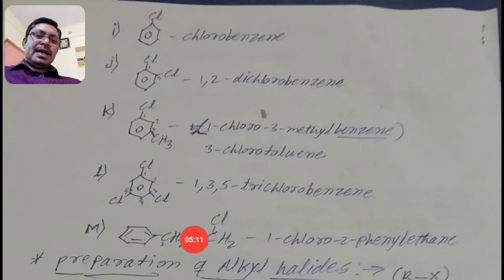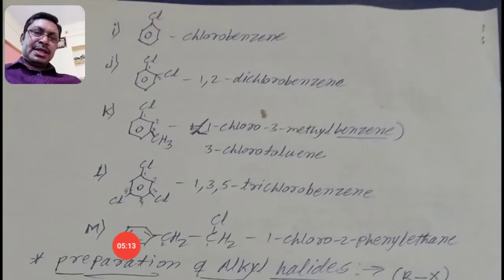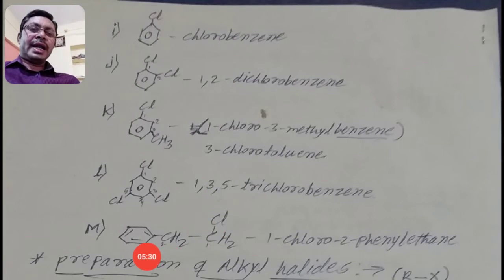There is one another example which contains a benzene ring, but it is not a haloarene. It is somewhat different. It contains an aromatic ring, a benzene ring, but it is not a haloarene, because see in that example carefully, the halogen atom is not directly attached to the benzene ring.